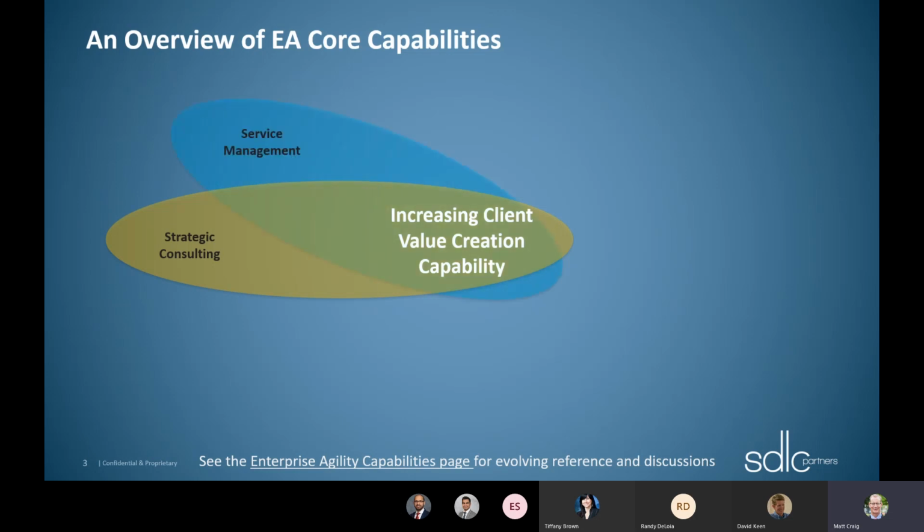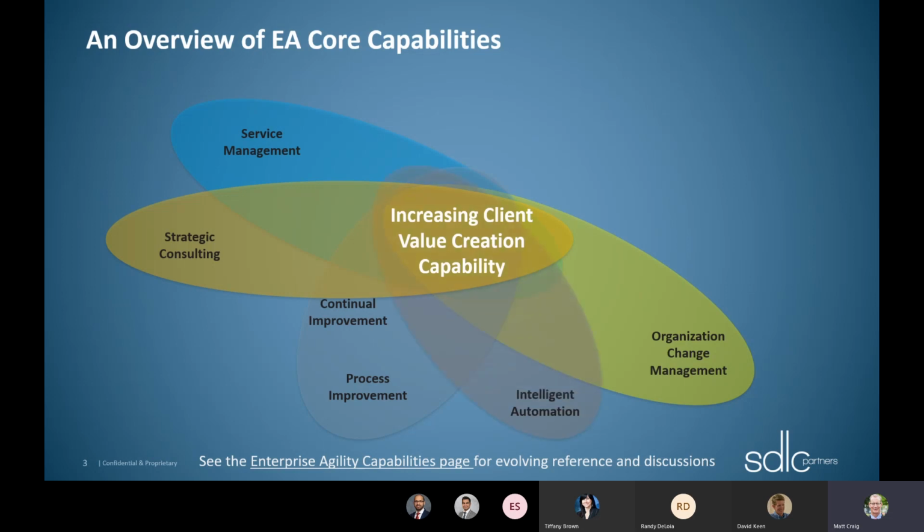Service management, process improvement, and that leads also to continual improvement, which is shared with one other capability. Organizational change management, really important to engage people. Intelligent automation. Capability improvement, business value management, and then finally, agile and specifically business agility.